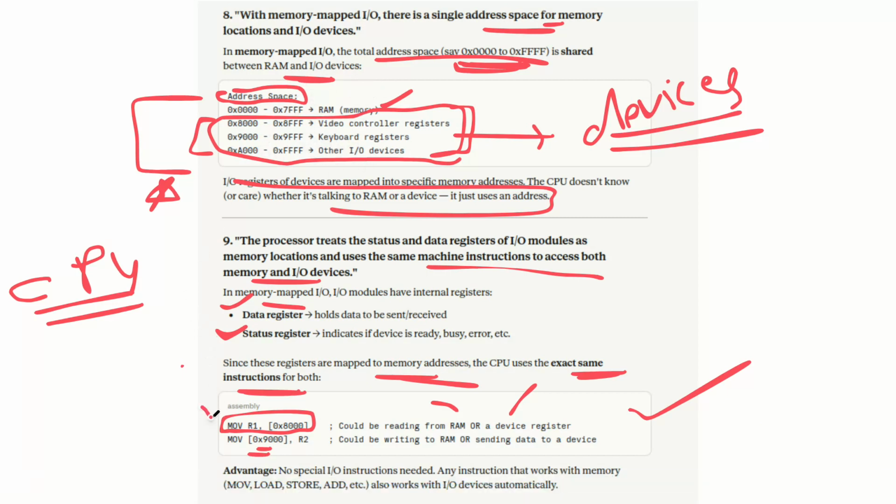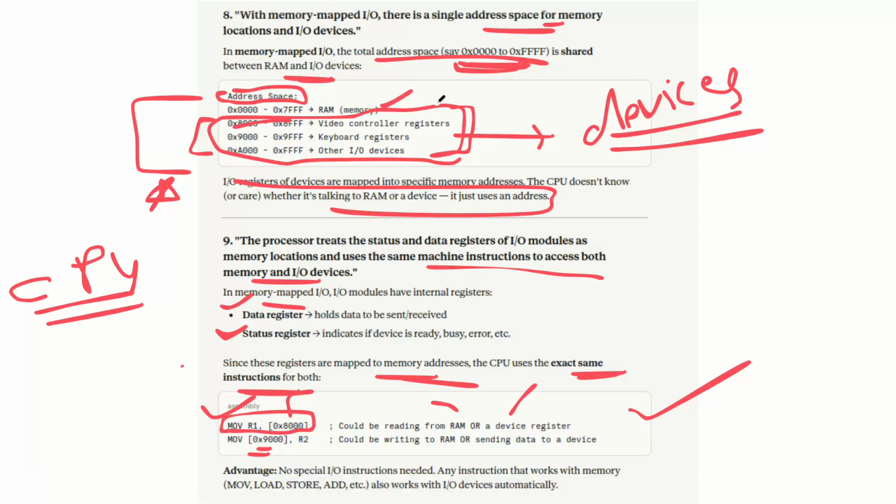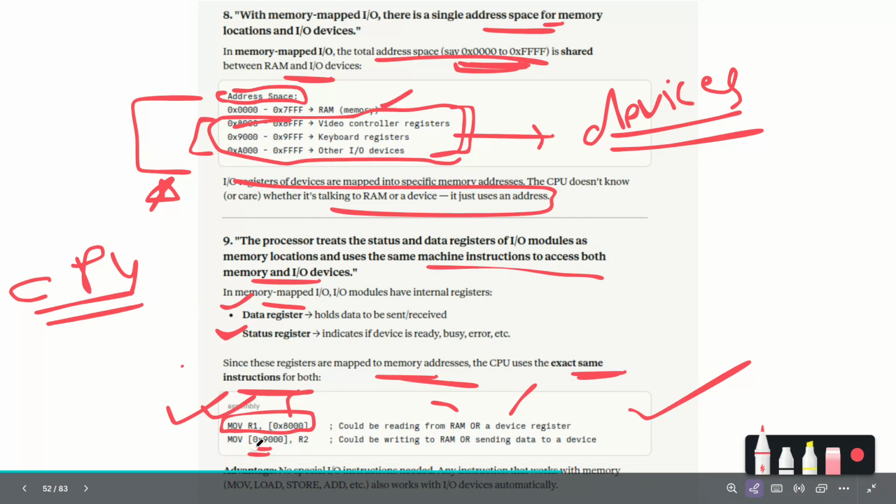So this particular instruction can read from RAM or read from the device, whichever this address matches to. Here this address is matching to, let's say, a video controller register. So it is going to read from a device. We don't need a special IO instruction; the normal memory instruction is there, right?